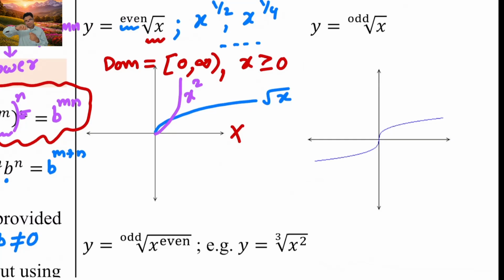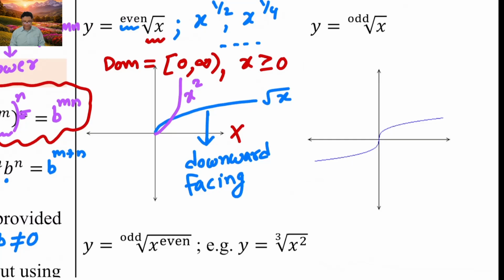Hence the increasing but slowly, more and more slowly. So it becomes facing down. Downward facing. I will even write that because I think we have already talked about it. This is downward facing. It is called concave down, whereas x square is upward facing.